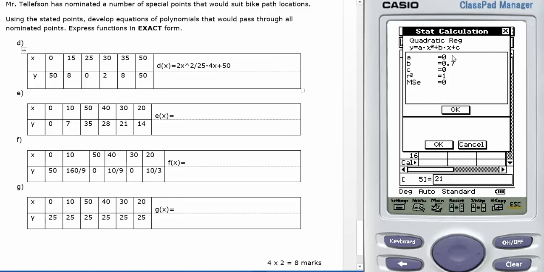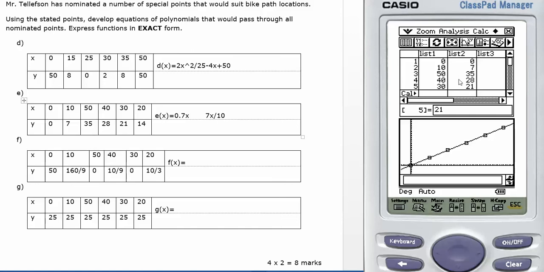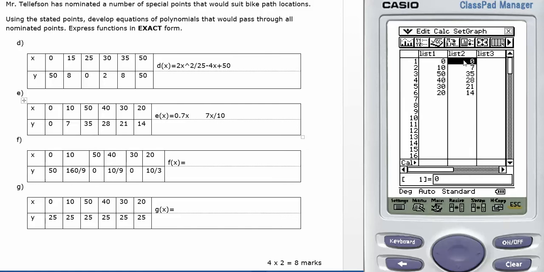So it's not a quadratic, it's actually a linear, where it's 0.7 times x plus 0. So it's equal to 0.7x or 7x divided by 10.